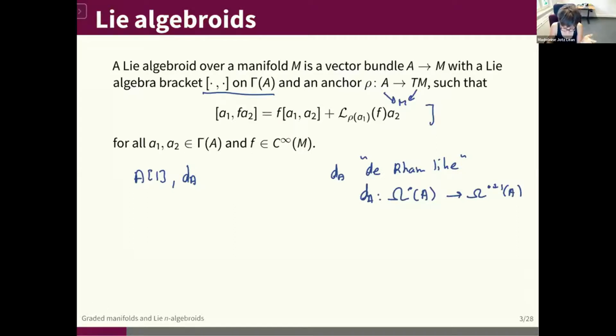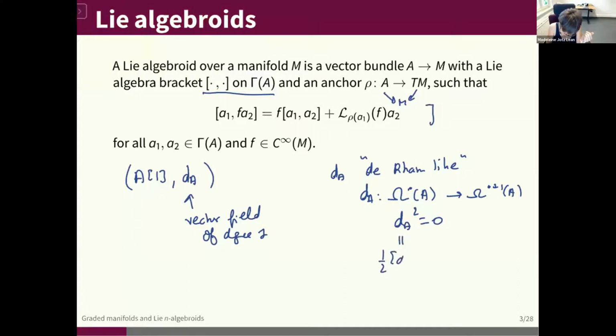And it satisfies some properties. It's a vector field: it takes a function to a function of degree plus 1. So that's a vector field of degree 1 on our 1-manifold, and it squares to 0. d_A squared is 1/2 of the commutator of d_A with itself, because here we are in graded geometry, so we are talking about the graded commutator.